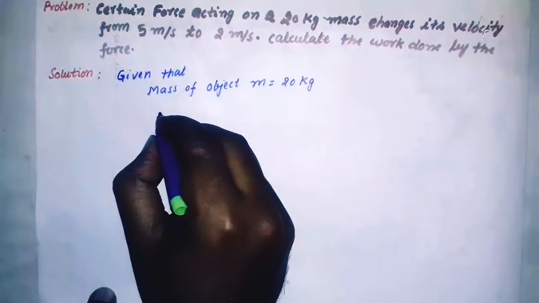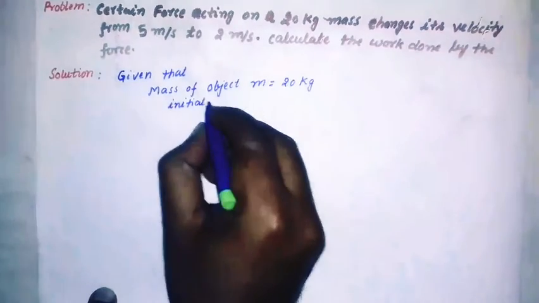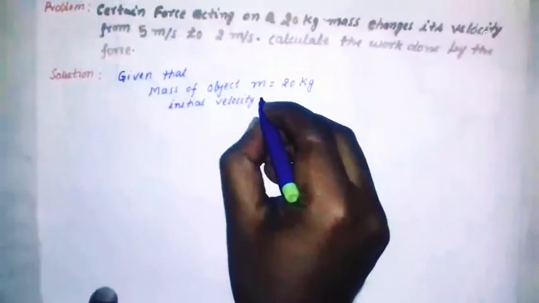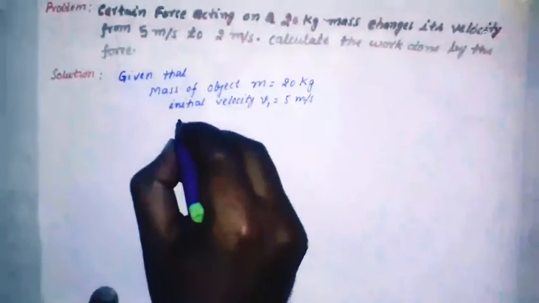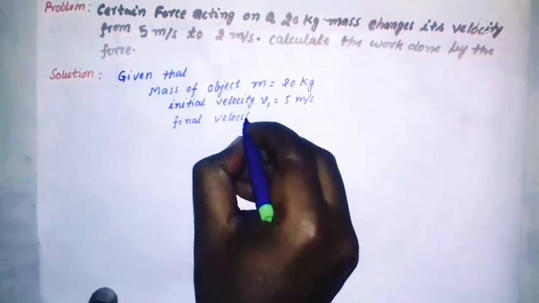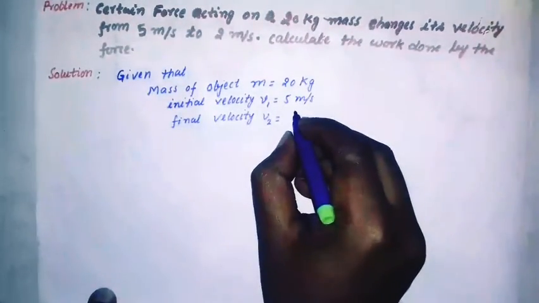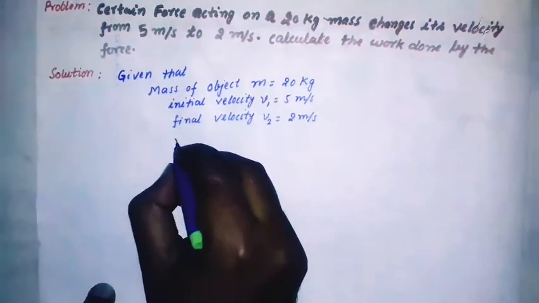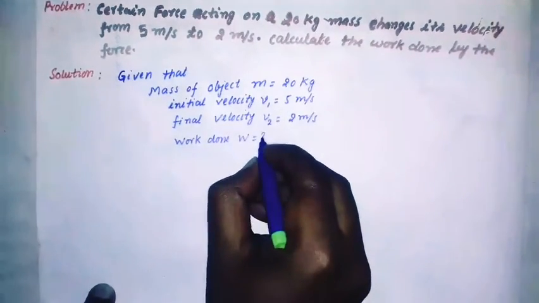And its velocity: here are two velocities, so the initial velocity, say v1, is 5 meter per second, and its final velocity, say v2, is 2 meter per second. And we have to calculate the work done, W, in this case.